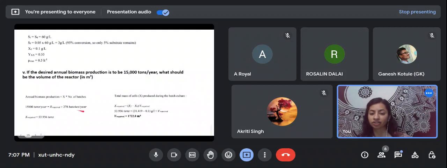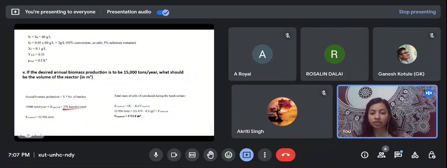But you do know the number of batches, since you're not changing the downtime and you're not changing the batch time. You know the batch time and the downtime, so you know how many batches can be run in a year.